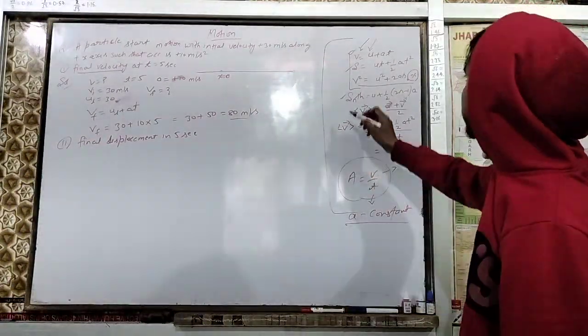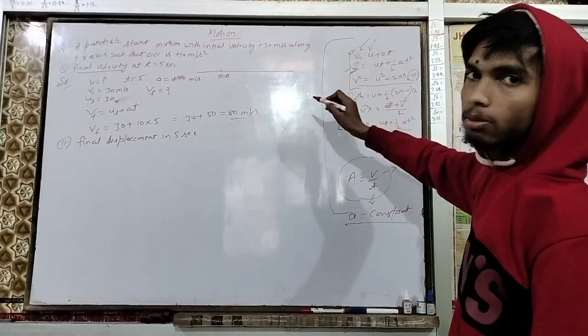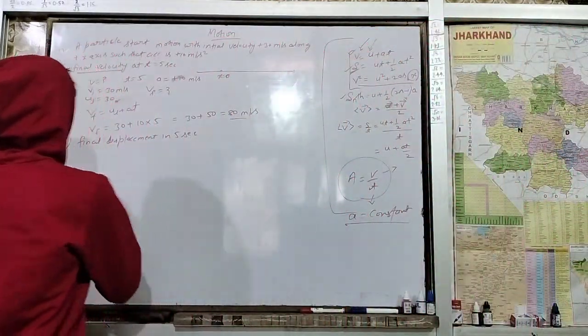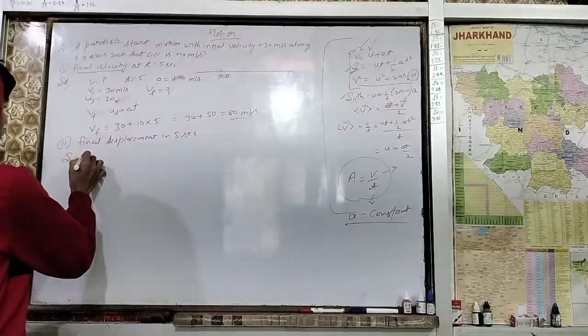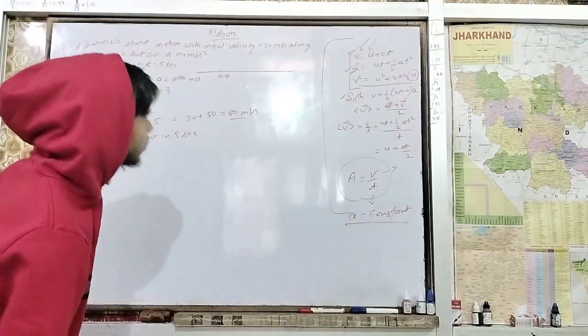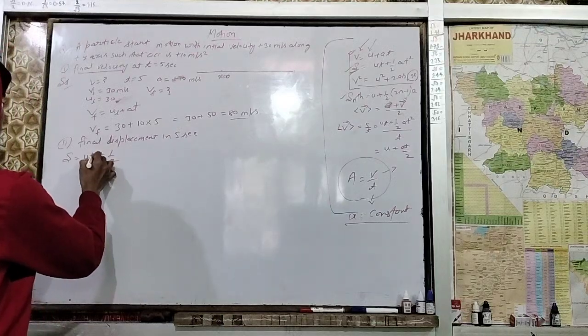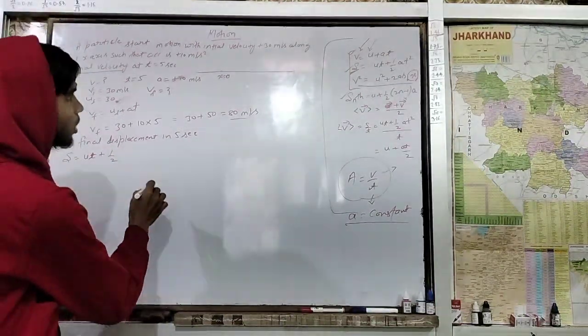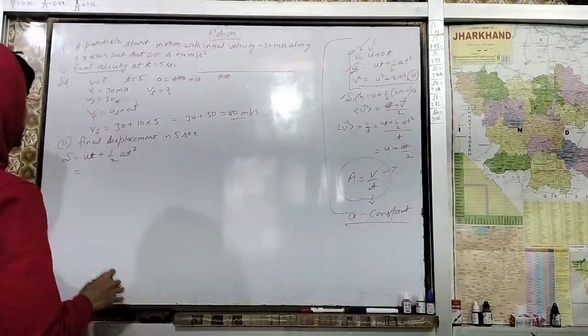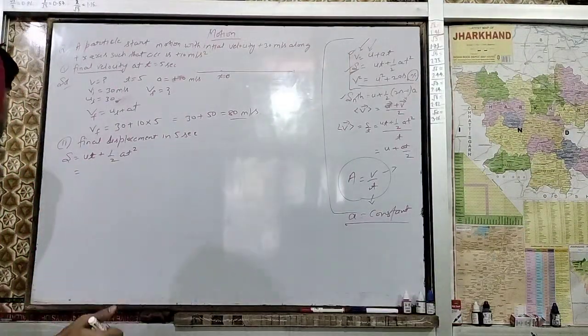So this is our displacement. To calculate our displacement, we use the second equation. So s is ut plus 1 by 2 at squared. So u is nothing but initial velocity.